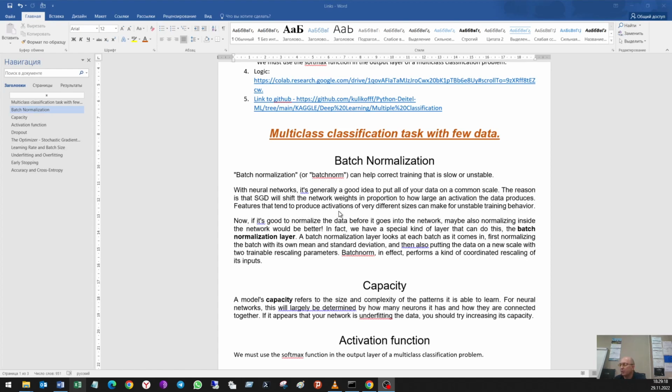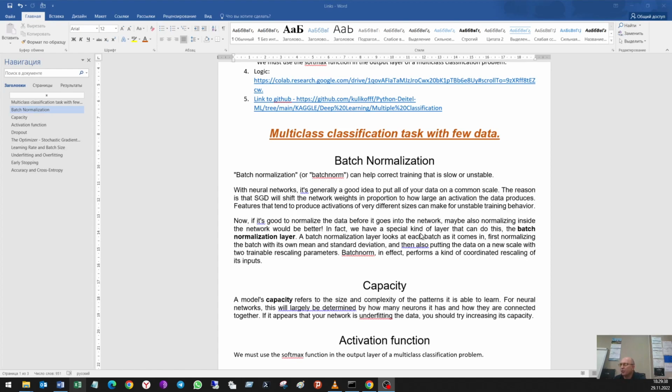Features that tend to produce activations of very different sizes can make for unstable training behavior. Now, if it is good to normalize the data before it goes into the network, maybe also normalizing inside the network would be better. In fact, we have a special kind of layer that can do this.